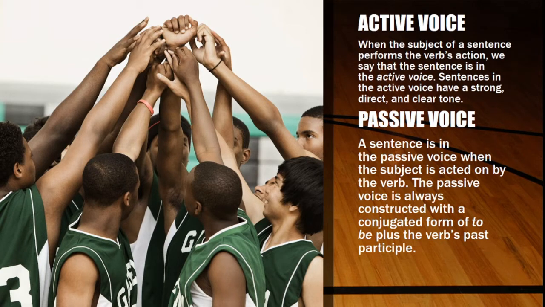So you see, when the subject of a sentence performs the verb's action, we say that the sentence is in the active voice, right? And sentences in the active voice have a strong, direct, and clear tone. And what happens in the case of a passive voice?